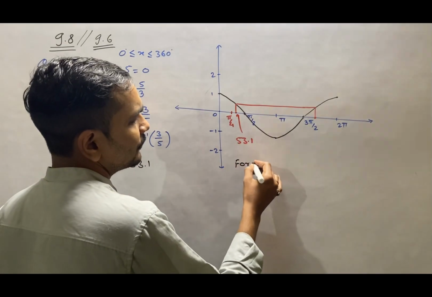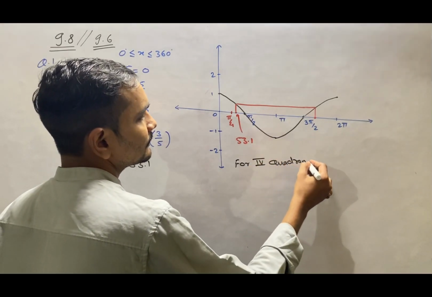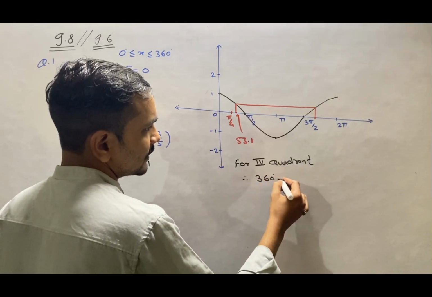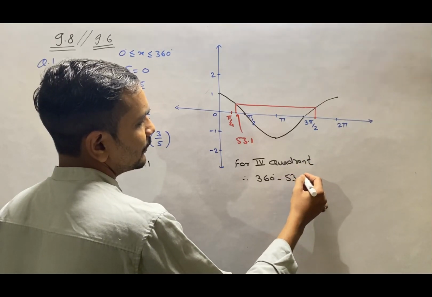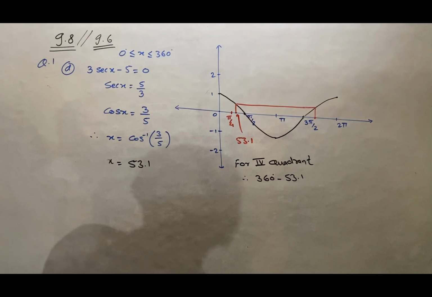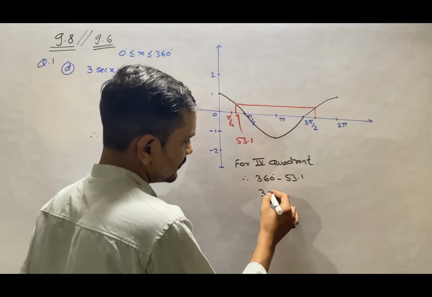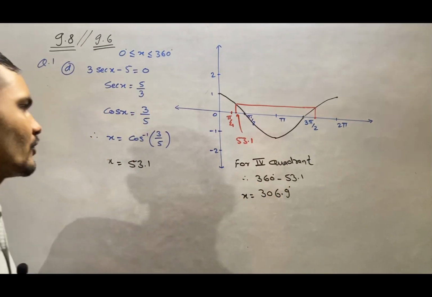Here we have the fourth quadrant, so we have to subtract from 360 the given angle, 53.1. Subtracting gives 306.9 degrees. So these are the two solutions of x.